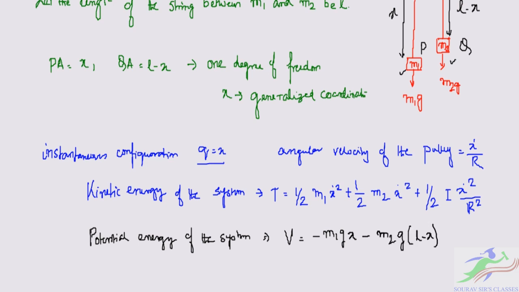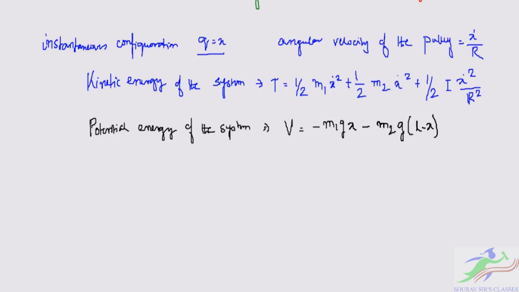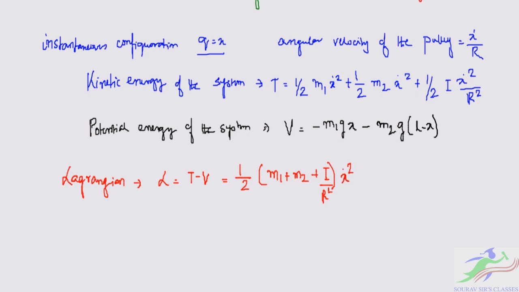And from here we obtain the Lagrangian, that is L equal to T minus V. So L is half of (m1 plus m2 plus I by r square) x dot square plus (m1 minus m2) g x plus m2 g L.